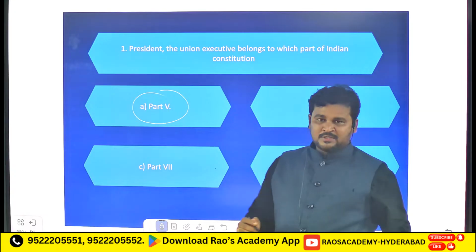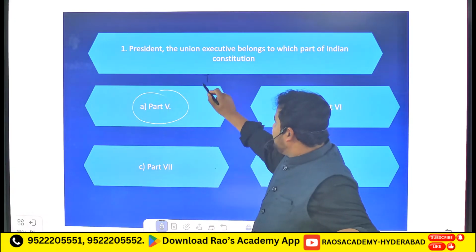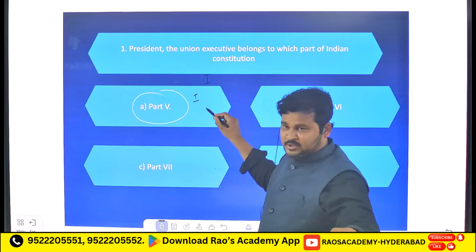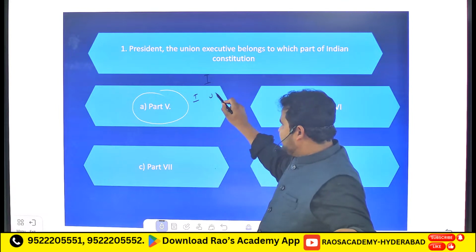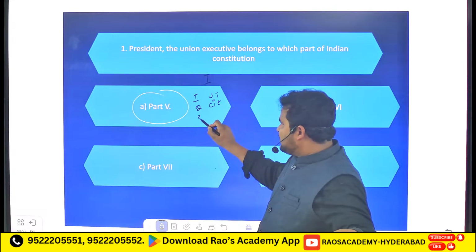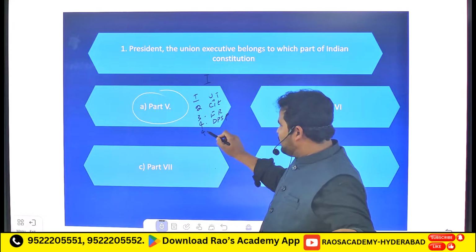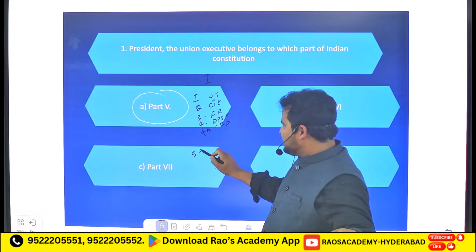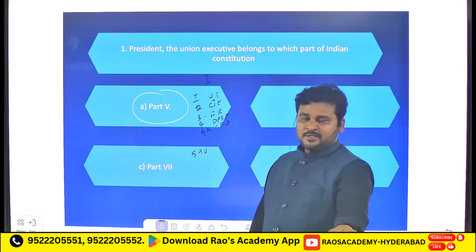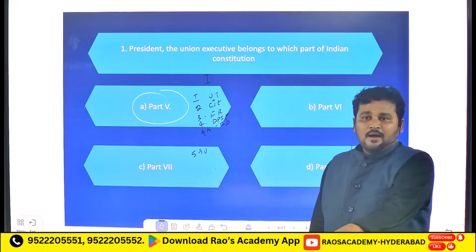Part 1 deals with the Union and its territories. Part 2 is related to citizenship. Part 3 is related to fundamental rights. Part 4 is related to DPSPs, and Part 4A is related to fundamental duties. Part 5 is related to the Union and its executive.